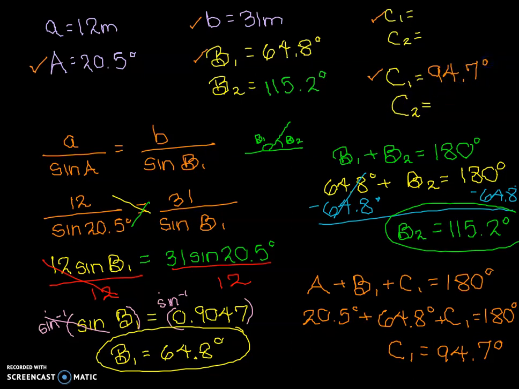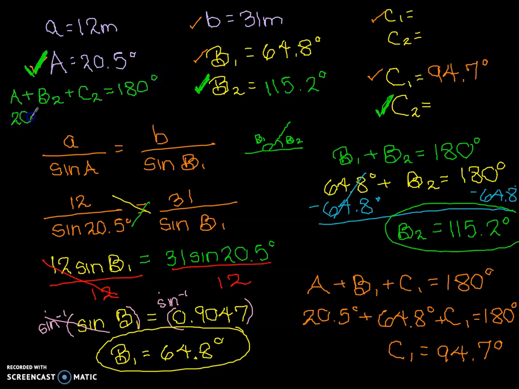And you can do the same thing because, again, angle A is shared by the two triangles. We have angle B in the second triangle, and we're looking for angle C in the second triangle. So I'm out of room, so I'm going to move it up here. For the second triangle, A plus angle B sub 2 plus angle C sub 2 should also give me 180 degrees.